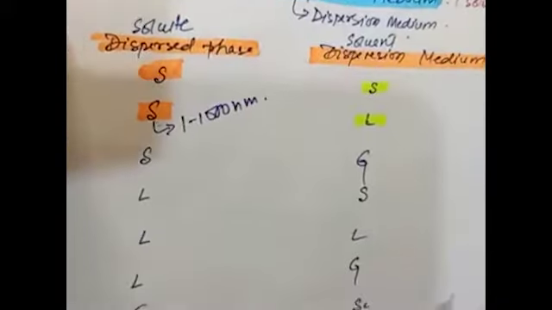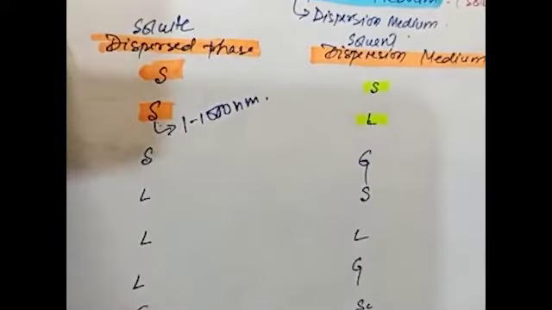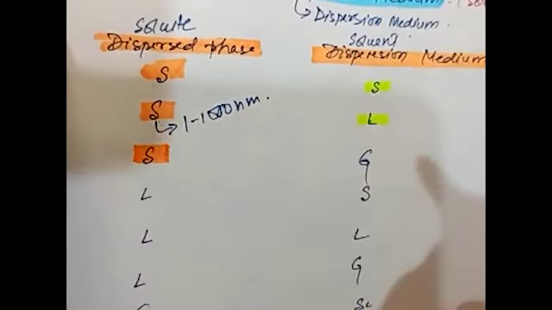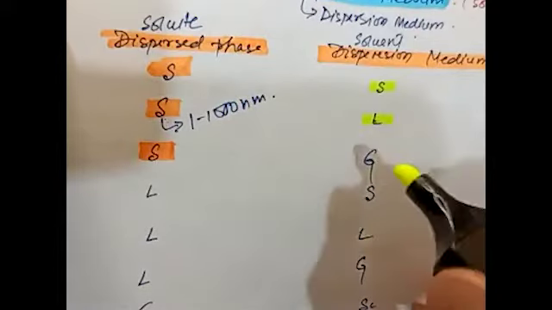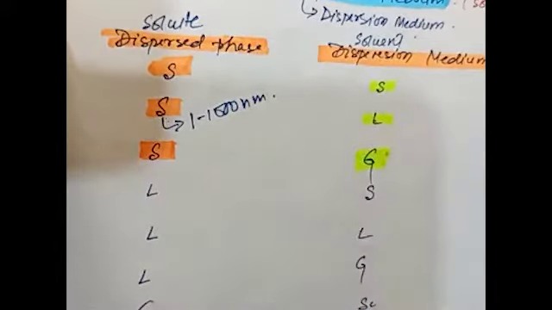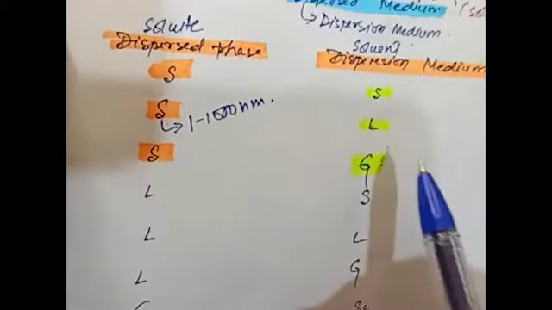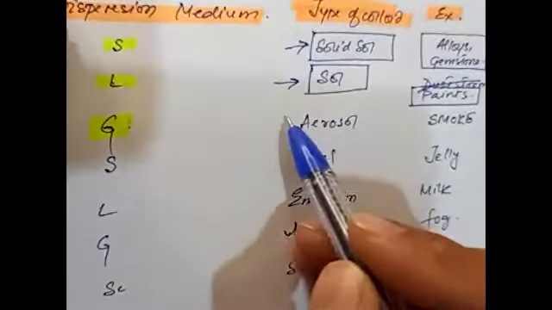Next, we take the solute as solid, the dispersed phase as solid, and the dispersion medium as gas, that is air. So when we take solid and gas, it is known as aerosol.